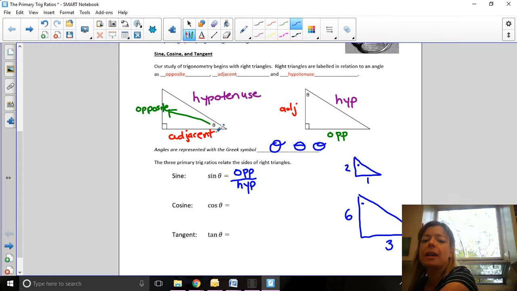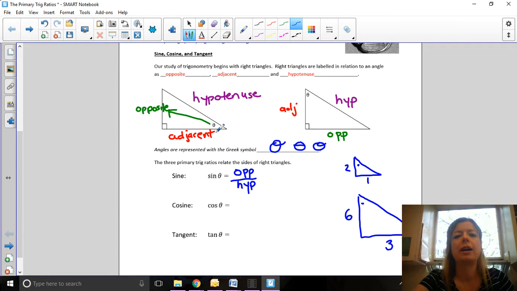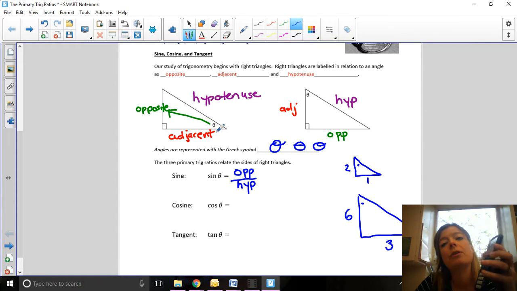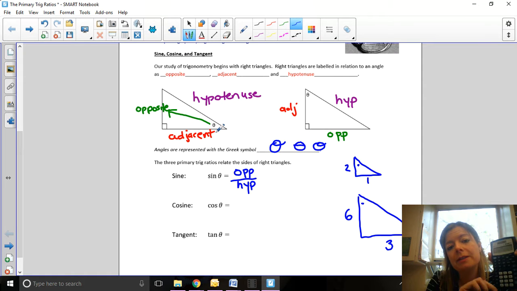So for instance, if you take your calculator and you do sine 45 degrees, okay, so sine 45, and press enter, you get 0.71. So that means that the ratio of the opposite to the hypotenuse is a 0.71 ratio for any triangle that has a 45-degree angle in it.